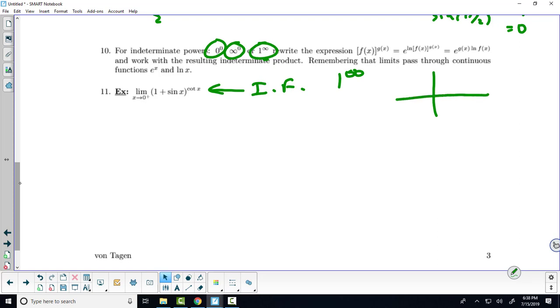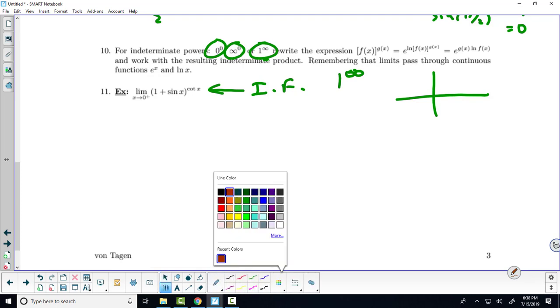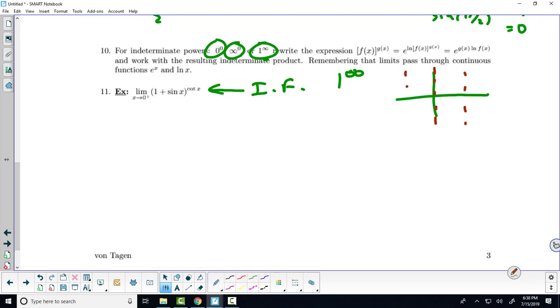Folks, your cotangent curve has asymptotes here, here, here, and looks something like this. So as we approach 0 from the right, we're approaching positive infinity. Okay, so this has the indeterminate form 1 to the infinity power.